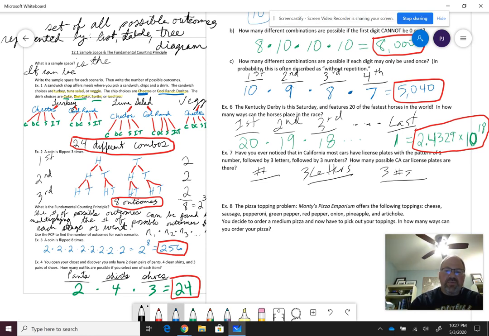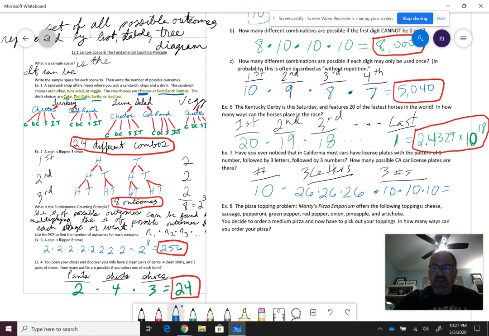So if we're going through 0 through 9, that means there are 10 possibilities here. The letters, if you don't know, there's 26 letters in the alphabet, but there's 3 of them. And they could be the same letter. It doesn't matter. So it's got 26 choices each time. And then there's 3 numbers at the end. 10 times 10 times 10.